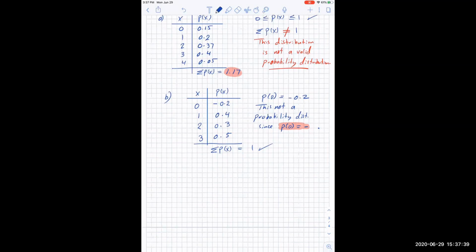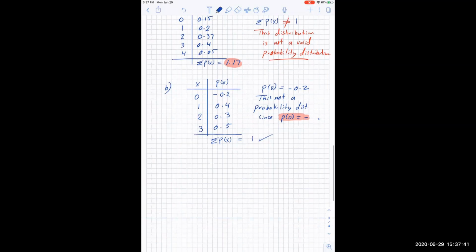Okay, so be aware, guys, of this. You need to check the two conditions. Each probability value must be positive, less than 1. It could be 0, 0 is fine. And then the sum must be equal to 1. Okay. Now, the next point.